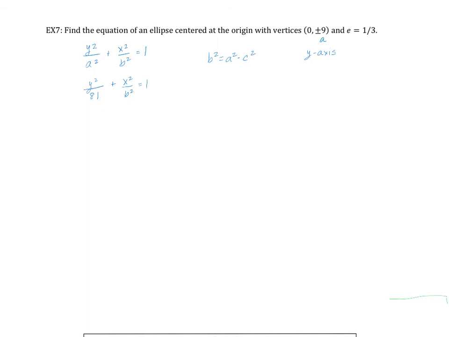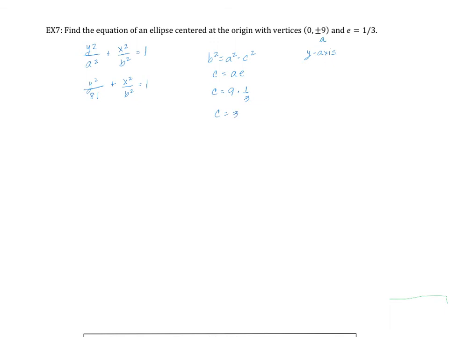I also know that the c value is equal to a times the eccentricity. So maybe I can use that, because I do have my a value and I do have my e value. So I'll have c is equal to 9 times eccentricity 1/3, which gives me a c value of 3.